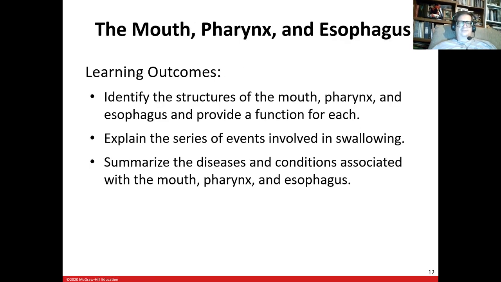Okay, let's move on. So we're going to talk about the mouth, the pharynx, and the esophagus. And we'll talk about functions. We'll talk about how you swallow. The big thing that we want to emphasize is this thing that we call the epiglottis, the hole in the windpipe.